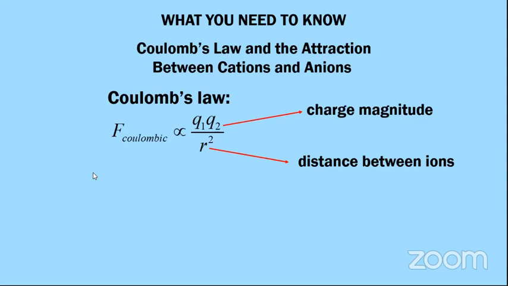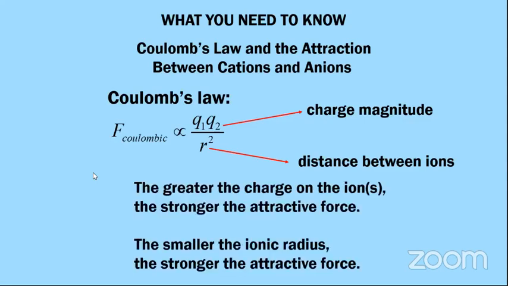So as we can see, in terms of the numerator, which is about charge, and the denominator, which is about the distance between the ions, the greater the charge on the ions, the stronger the attractive force between those ions. And the smaller the ionic radius, the closer we can bring those ions together, the stronger the attractive force will be. And we'll see examples of Coulomb's law in just a moment.